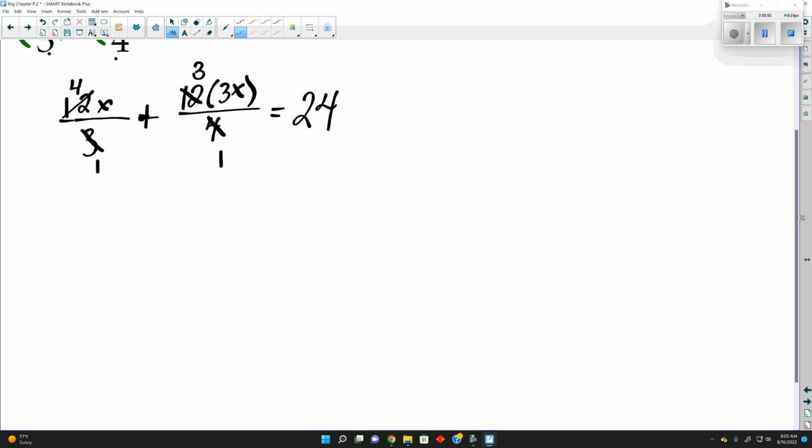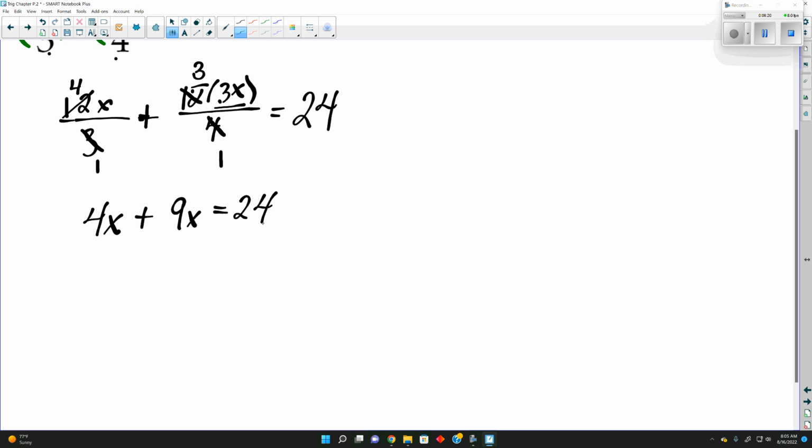Because really what this is telling us is that our first expression is now just 4x, plus the second one we're left with 3 times 3x, and 3 times 3x is 9x, is equal to 24. Now we need to add them together.